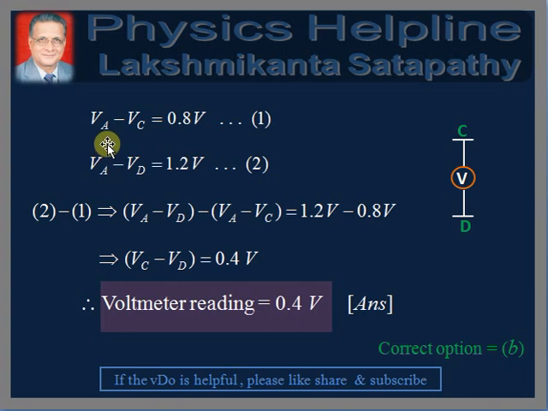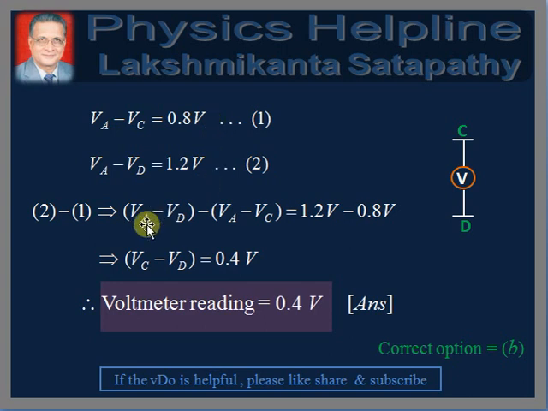Now VA minus VC is equal to 0.8 volts and VA minus VD is equal to 1.2 volts. And we want the voltmeter reading, which is connected between the points C and D. Therefore, we want the potential difference between the points C and D. That can be obtained by subtracting equation 1 from equation 2, because equation 1 has 0.8 volts and equation 2 has 1.2 volts.